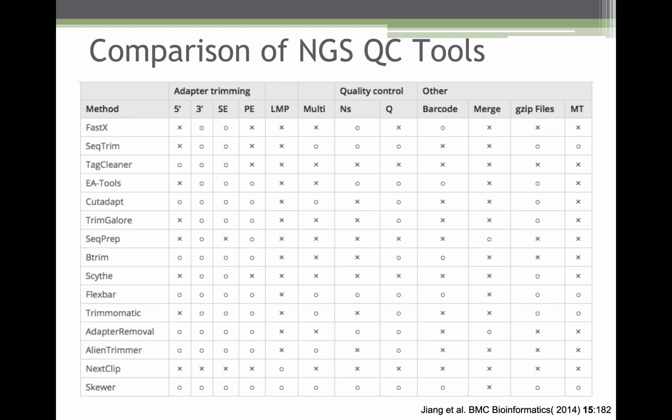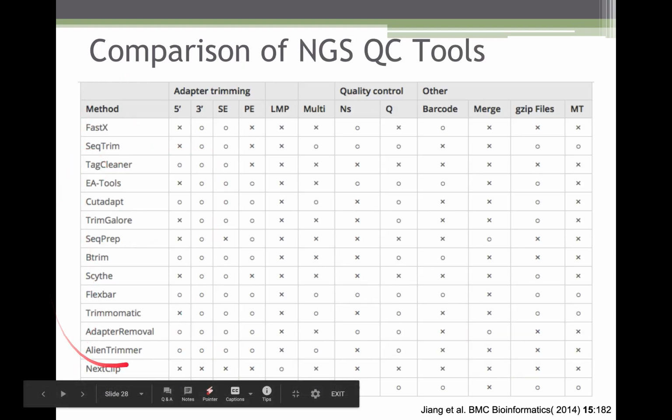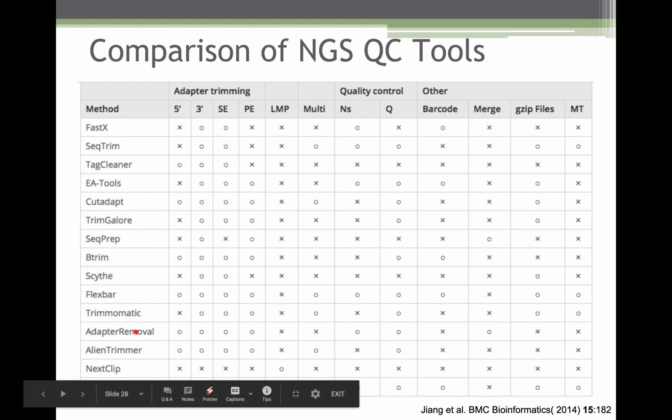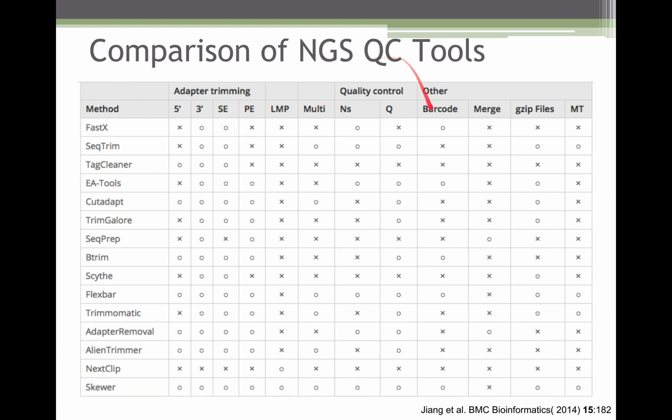There are a number of tools that exist for looking at the quality of the data and how to clean it up. There are different properties of those tools that you can look at, and depending on your requirement, you can pick one over the other.